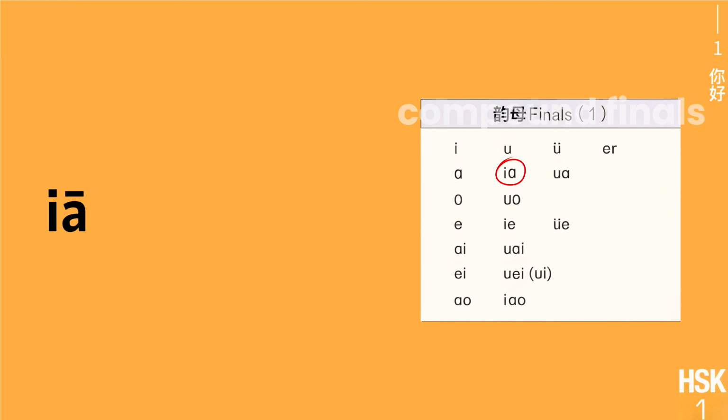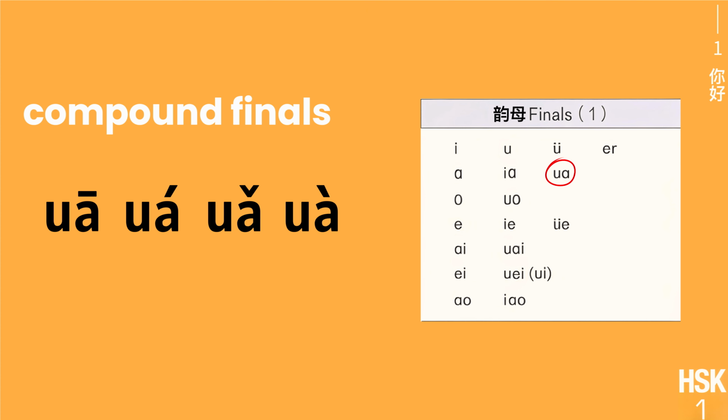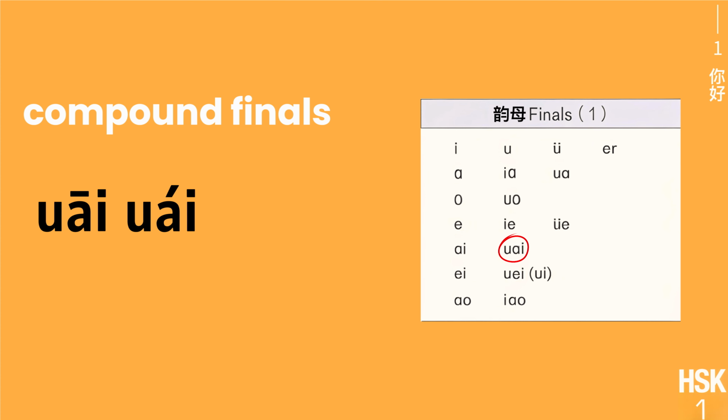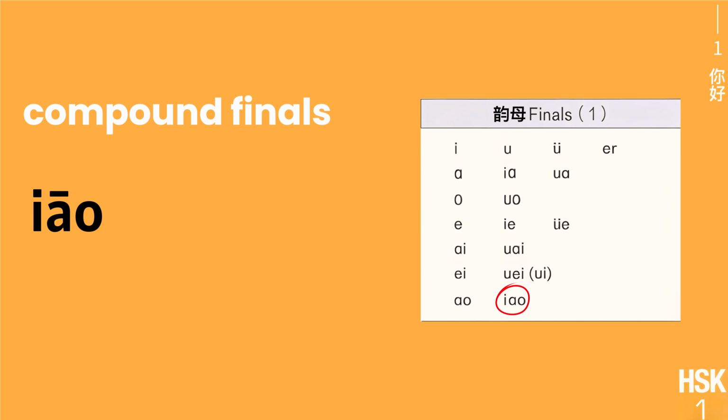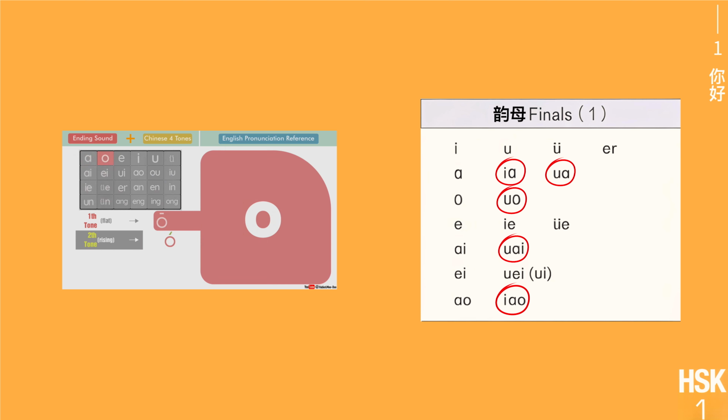For example, 一啊 乌啊 乌窝 乌我 乌沃 乌哀 乌矮 乌爱 一凹 一熬 一拗. The rest are simple finals, so the textbook won't go into detail.